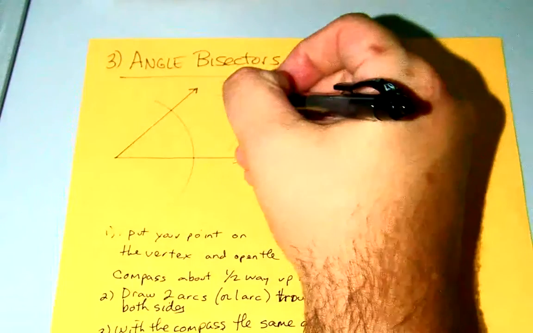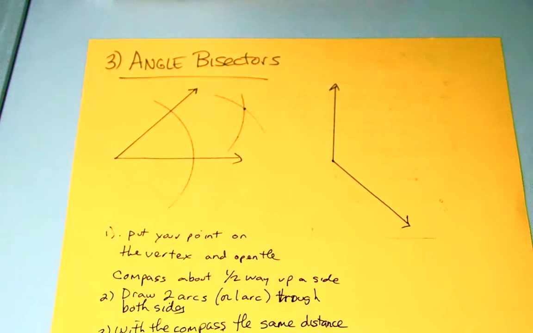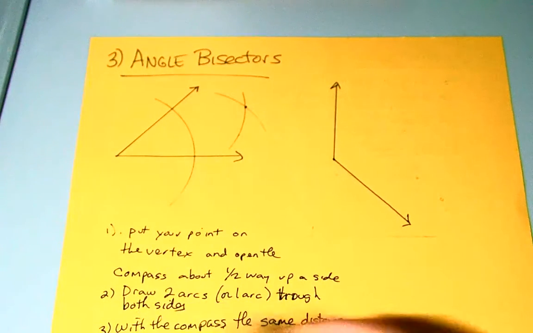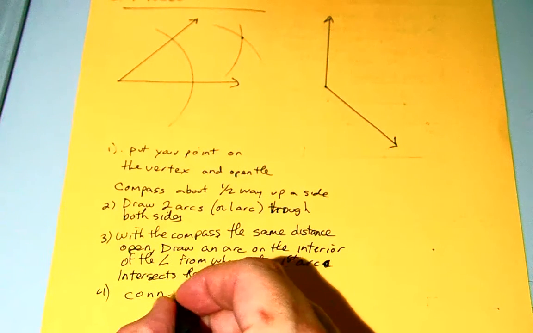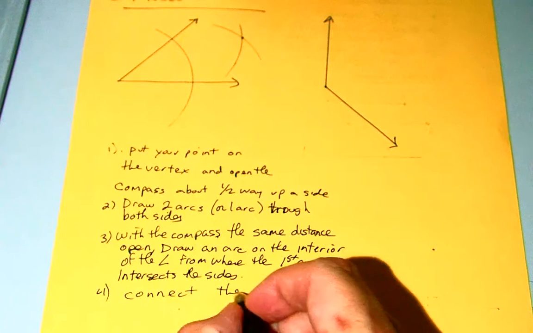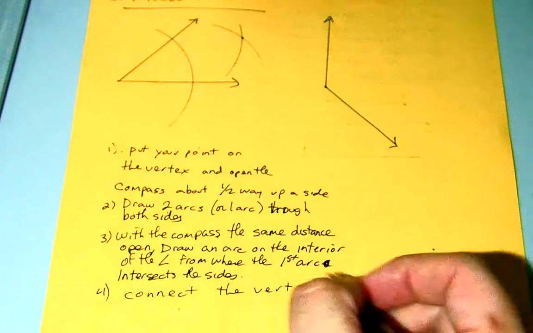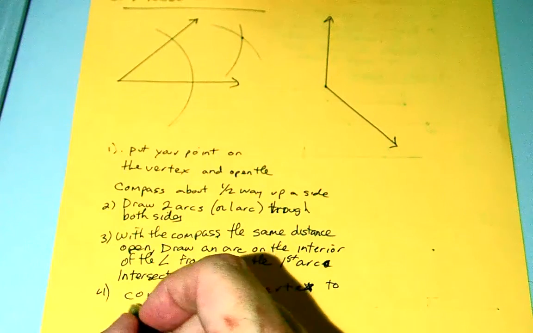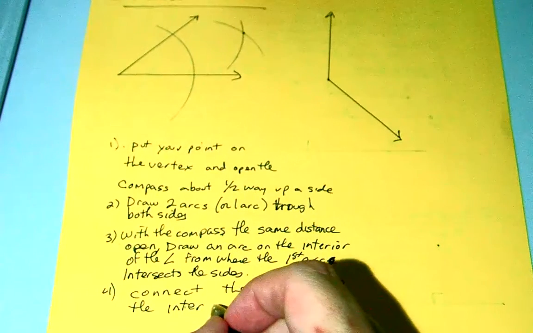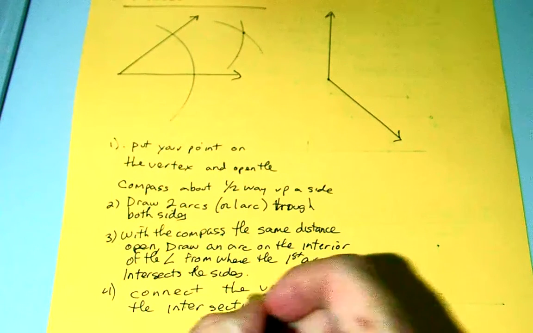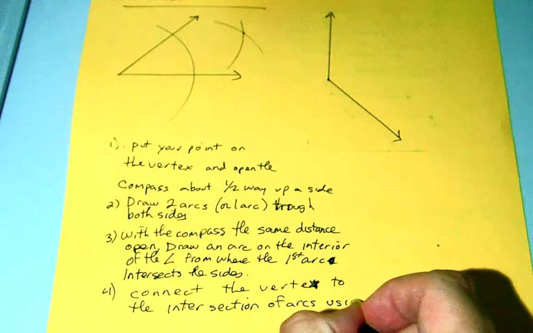So when those arcs intersect, there's a point. Guess what I'm going to do with that point? Connect the vertex to the intersection of the arcs using a ray.